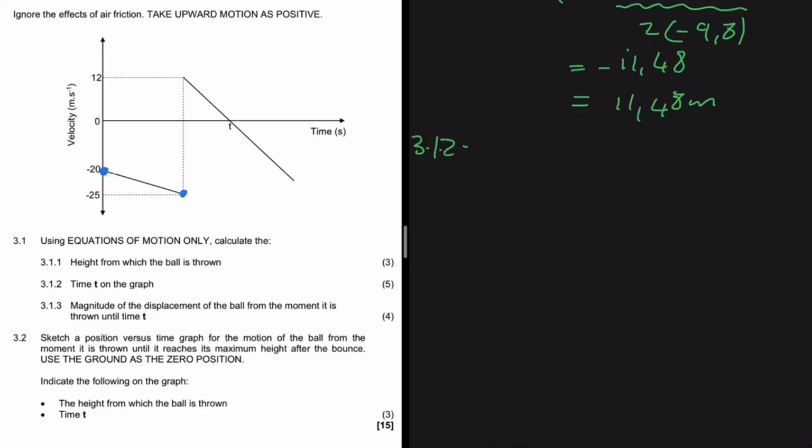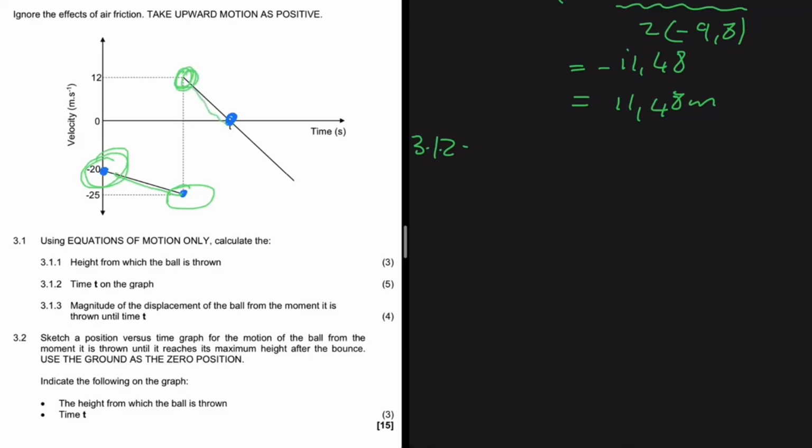Now we can do 3.1.2. 3.1.2 says let's find the time t on the graph. So time t on the graph is here, right? So let's analyze our motion. Here at this point, the object is thrown downwards, right? And then at minus 25, it hits the ground. When it hits the ground, it bounces off with a velocity of 12 meters per second, right?